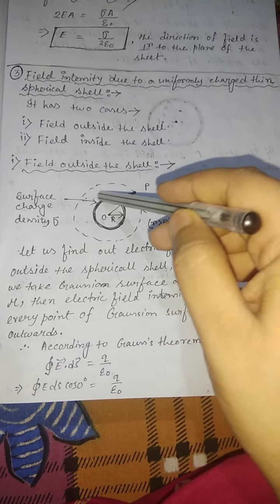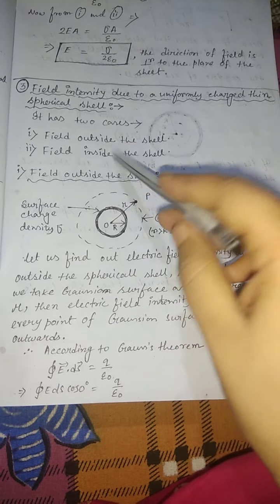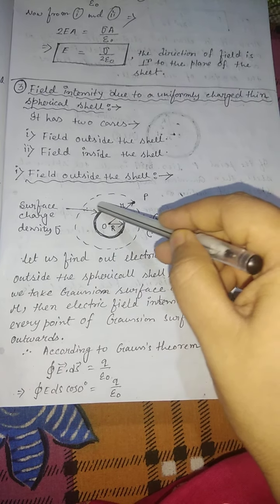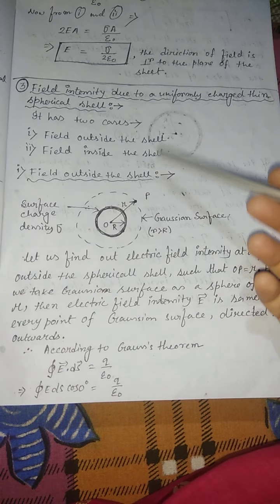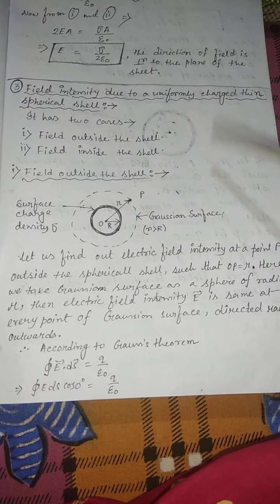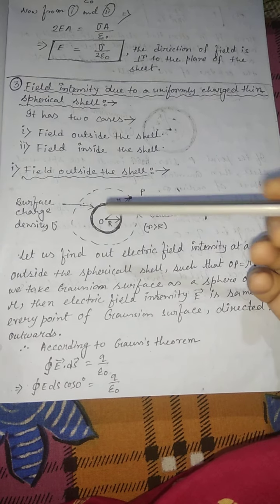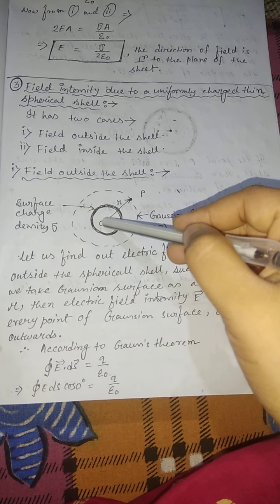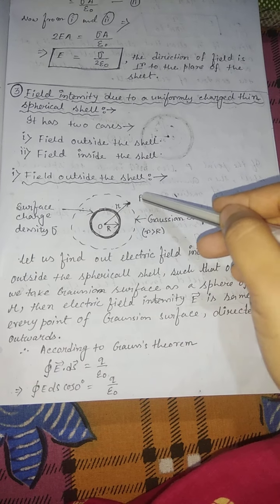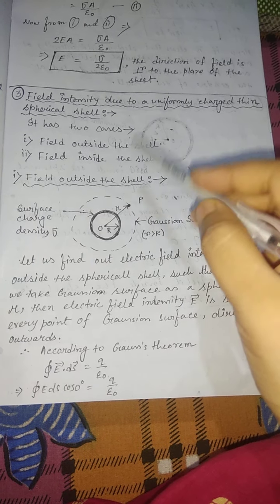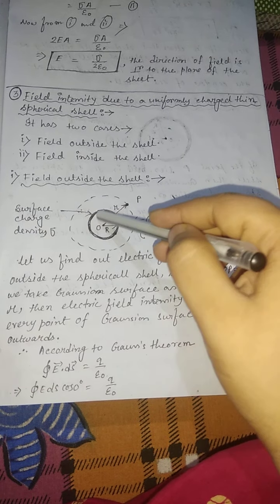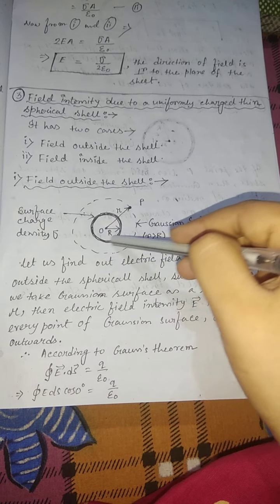So this is the diagram for the first case. This is the spherical shell having radius capital R. Now, at a distance small r from the center of the spherical shell, at point P, we calculate the electric field intensity due to this charged spherical shell.